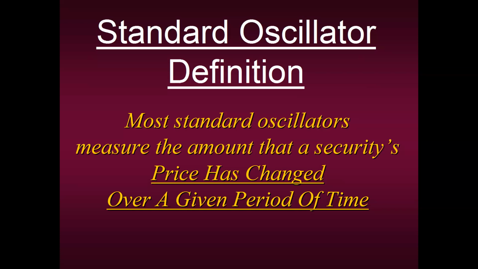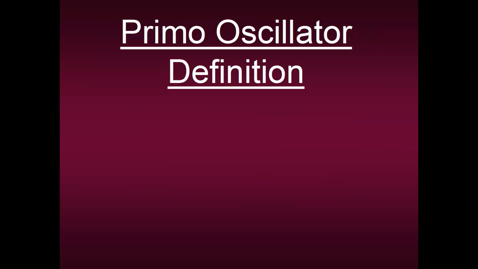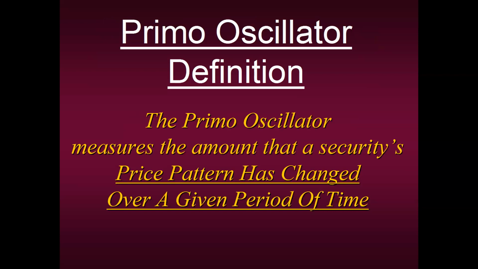So how does the Primo oscillator differ from that? Well, here's our definition. The Primo oscillator measures the amount that a security's price pattern has changed over a given period of time. You see, we're not just looking for the closing price and then going through requirements and coming up with a plot of the oscillator. We're looking for a specific pattern that is within the price.